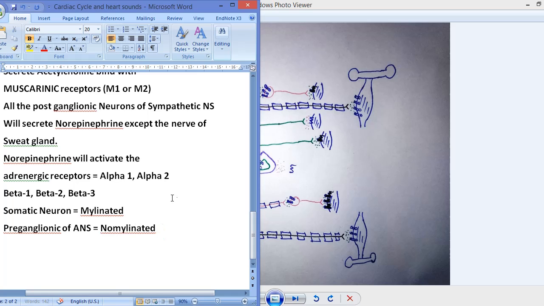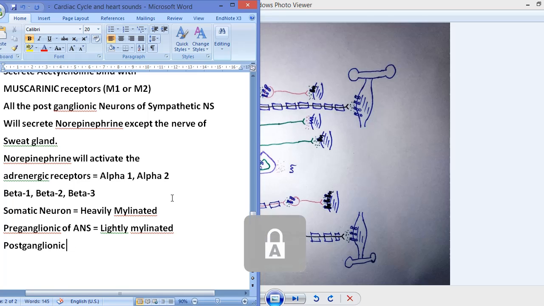This will be lightly myelinated, and this will be heavily myelinated, and the postganglionic neuron of the autonomic nervous system will be non-myelinated or unmyelinated.